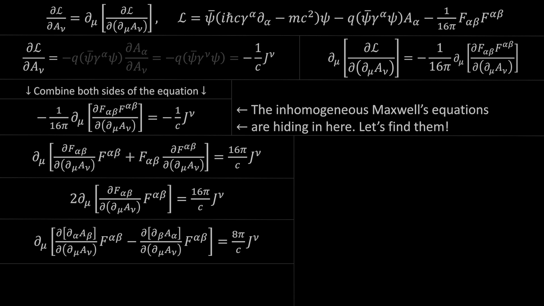Now, nu is any possibility. So remember, we have 4 channels in nu, but mu, alpha, and beta we're all summing over. So think of this as 4 equations in parallel, or a 4-vector equation if you like. But then within each of those equations, all of these terms involving alpha, beta, mu, nu are going to be 64 terms per equation.